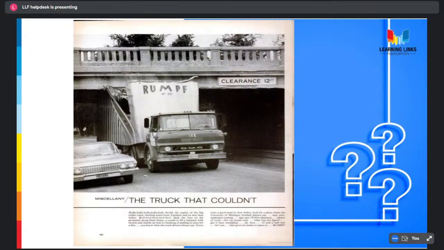Think as if you're the owner of the truck, you're in this situation and you want to get out of this problem, how will you solve it? No one knows the solution to this problem? That's fantastic. We have 34 participants over here.